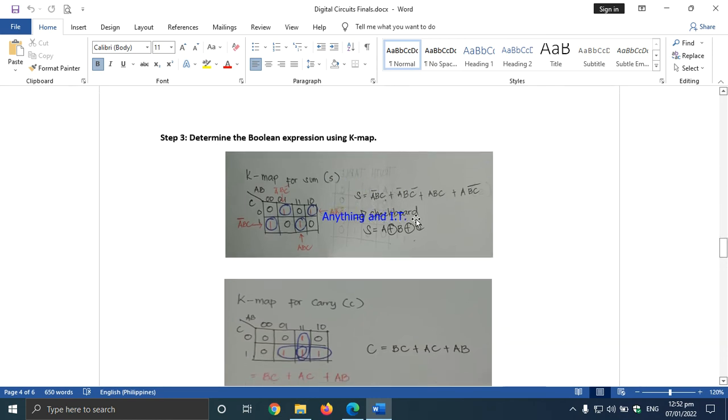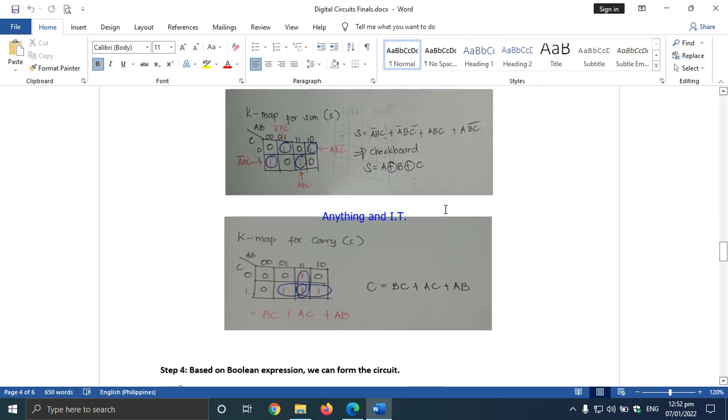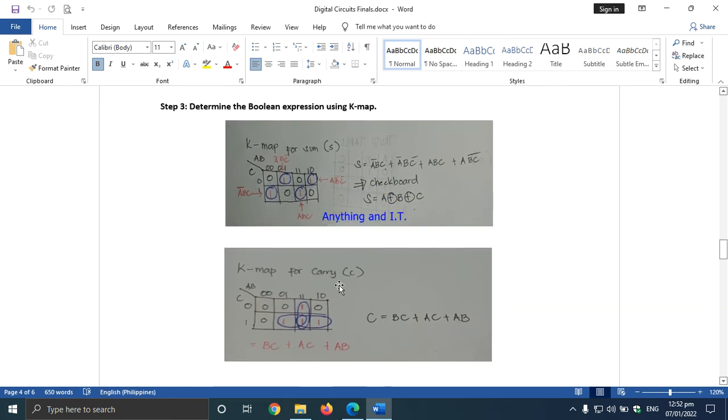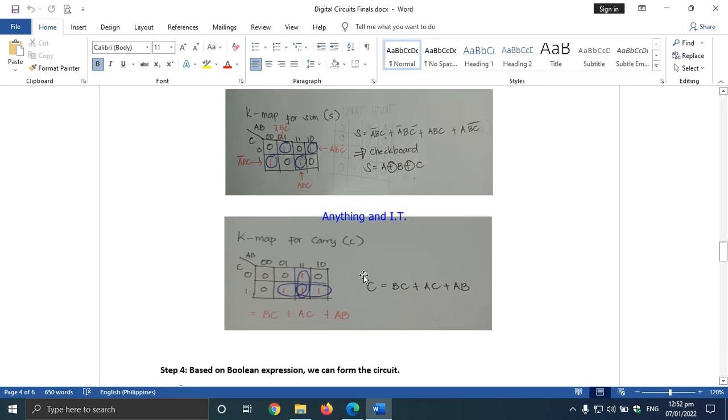Again, since you may want to check kung anong ibig sabihin ng checkboard algorithm, but in simplifying this Boolean expression, since we are using XOR gate ulit, that will be equivalent to S is equal to A XOR B XOR C. The same with our carryover, i-map out lang natin yung truth table natin.